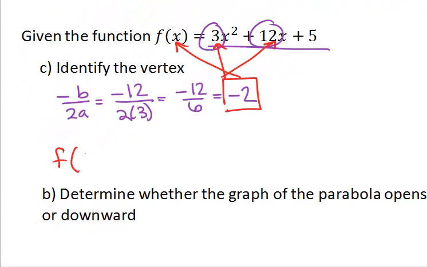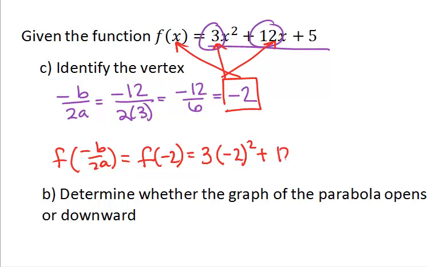So f of negative b over 2a is f of negative 2. You just plug it back in. So this is 3 times negative 2 squared plus 12 times negative 2 plus 5. Negative 2 squared gives me 4. 4 times 3 gives me 12. 12 times negative 2 gives me negative 24.